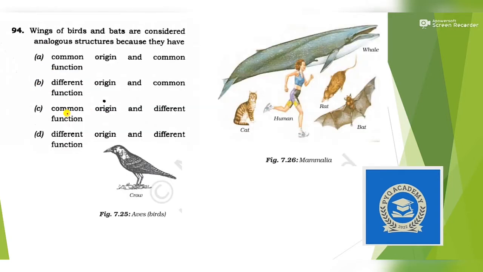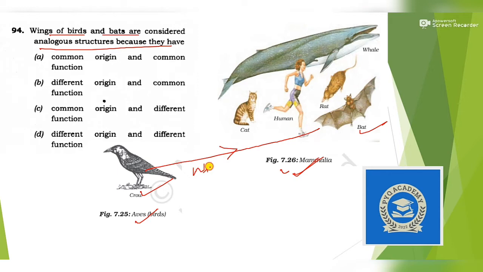Wings of birds and bats are considered analogous structures because they have... Here you can see birds in the Aves category and bats in the Mammalia category. But both of them have wings which are used for flight. They do not have a common origin, but the function is common: different origin but common function, yes.